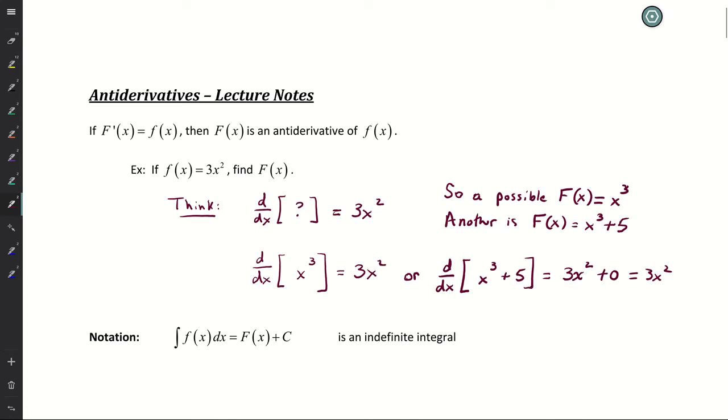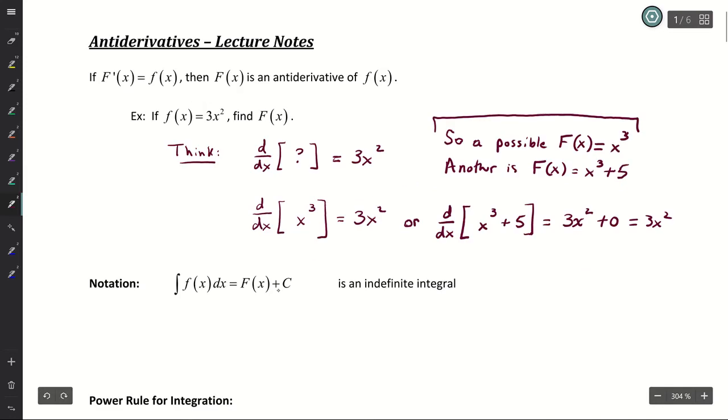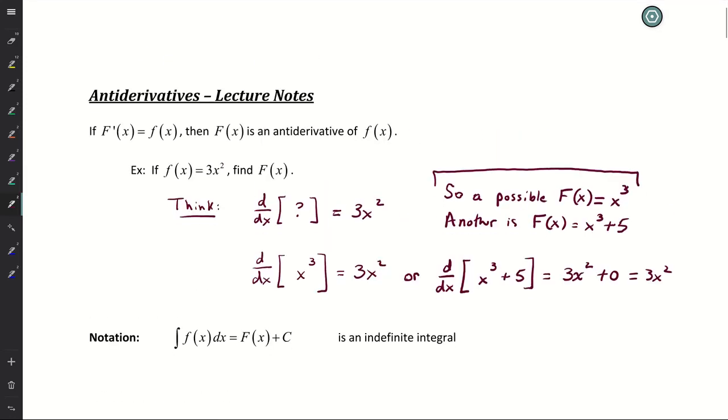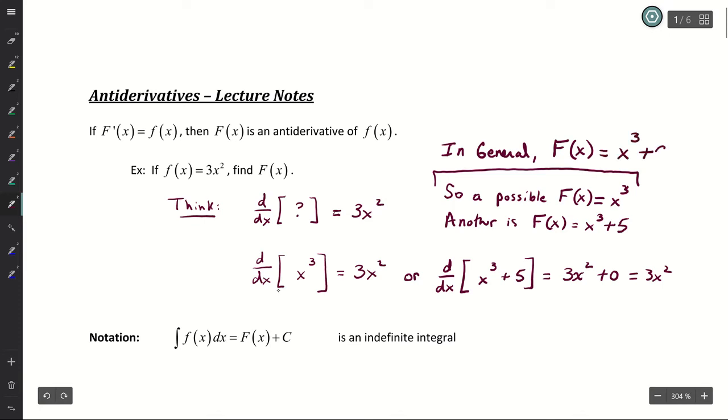So if we extend that particular idea, there's actually infinitely many antiderivatives for 3x squared. As long as we start with an x cubed, we could add or subtract any constant to that, and taking its derivative, we'd always get 3x squared back. So in general, our antiderivative here can look like F of x equals x cubed plus or minus any constant that we desire.